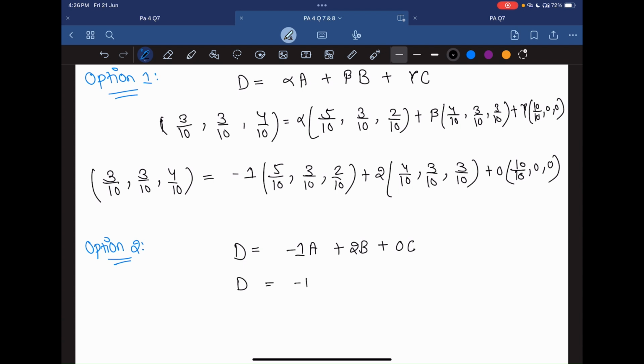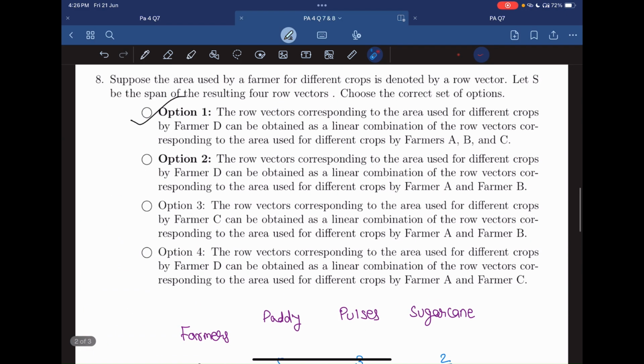So that means D is also equal to minus 1A plus 2B. So option 2 is telling that the row vector for farmer D can be written as a linear combination of the row vectors of farmer A and B. So that's why option 2 is also correct.